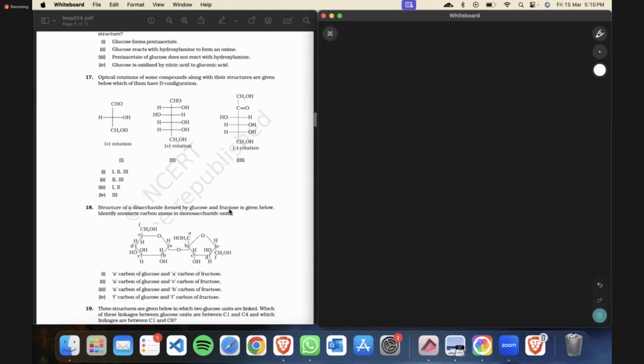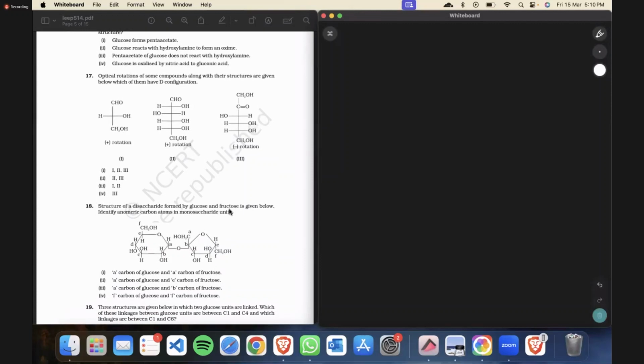Now, question number 17. Optical rotations of some compounds along with their structures are given below. Which of them have D configuration?